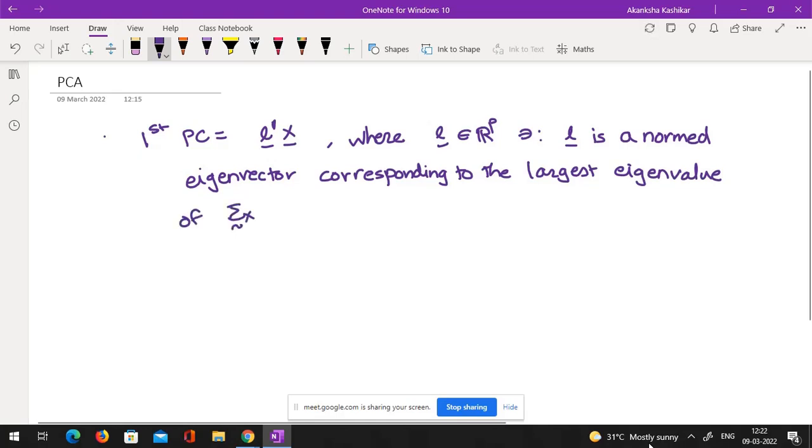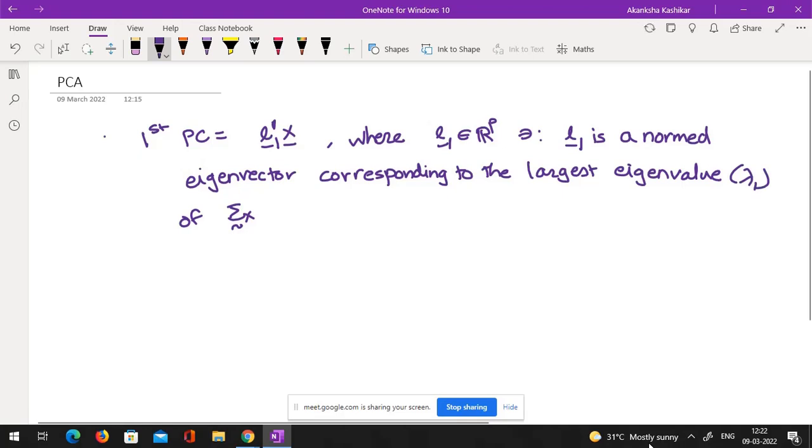Up to this point we have seen, right? And I had asked you to derive the equation for the second PC. Some people have already tried that and the derivation is almost the same, so there is very little chance of making any mistake. So the second PC turns out to be, maybe I can write this as L1 prime X, where the largest eigenvalue we denote by lambda 1.